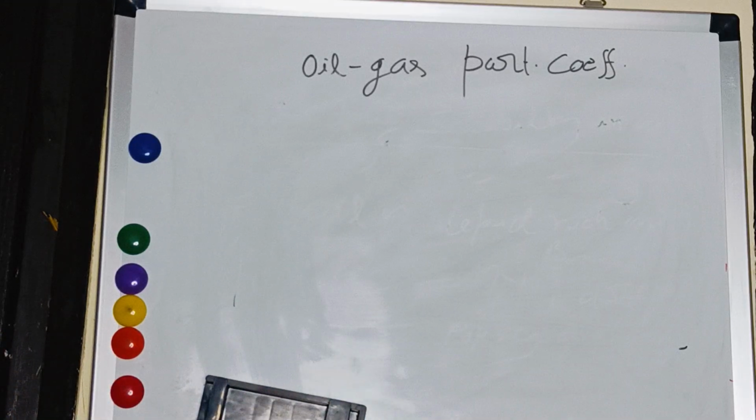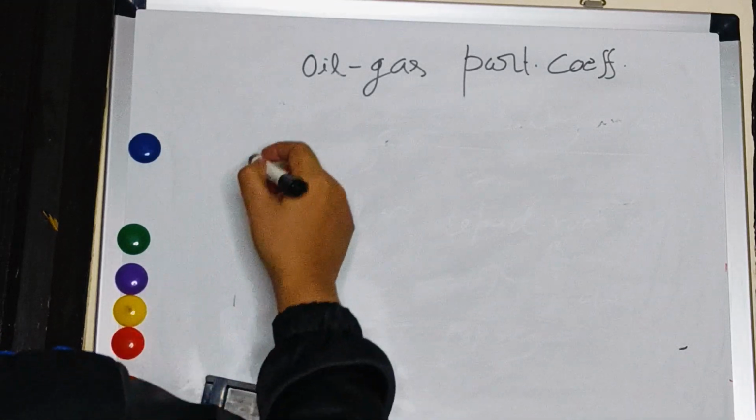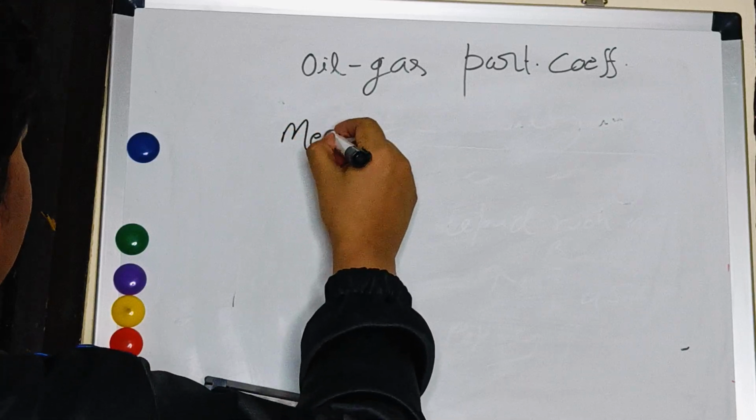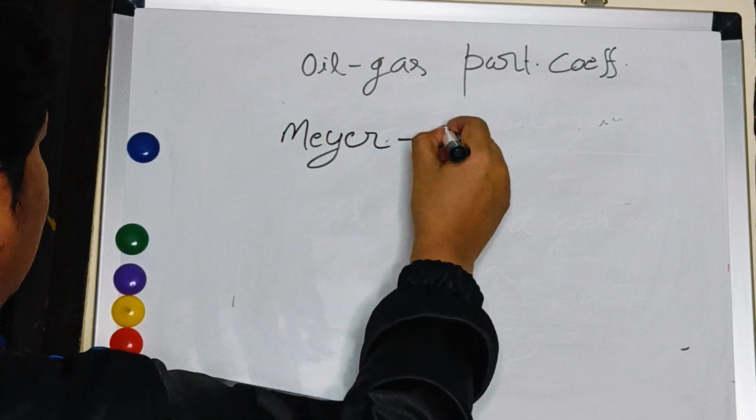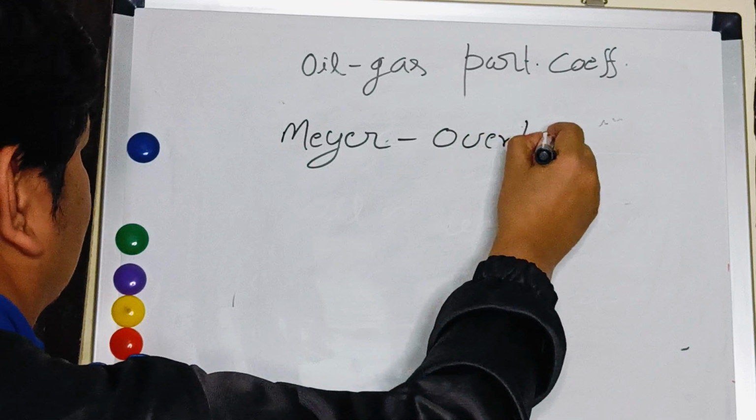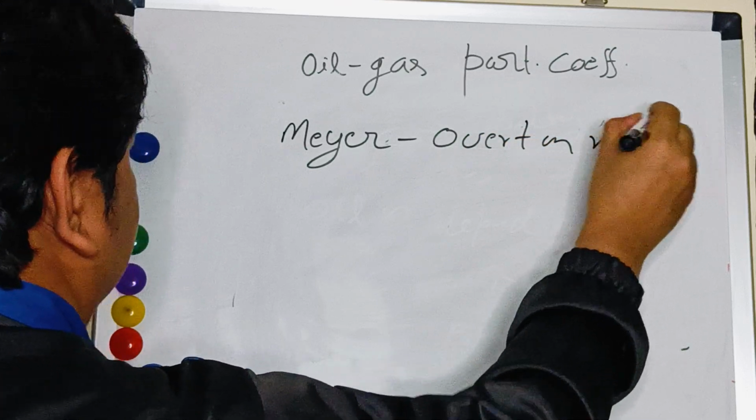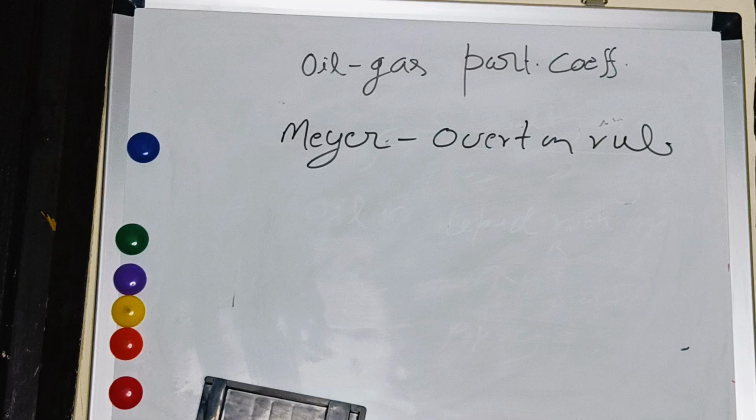Because according to the Mayer-Overton rule, once enough volatile agent has dissolved in the lipid membrane of the brain cells, anesthesia will start.